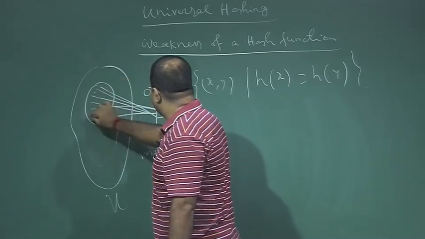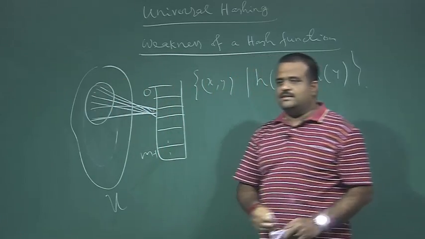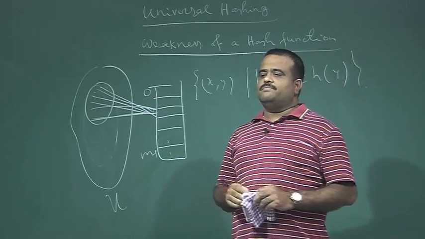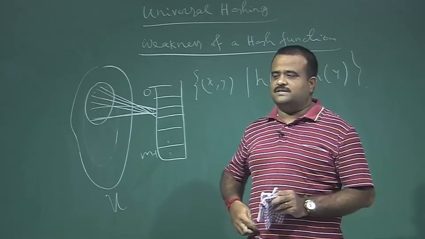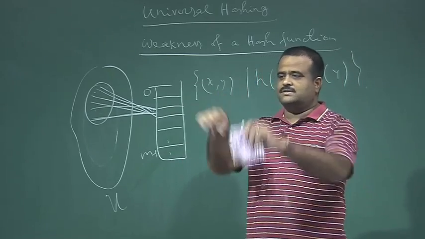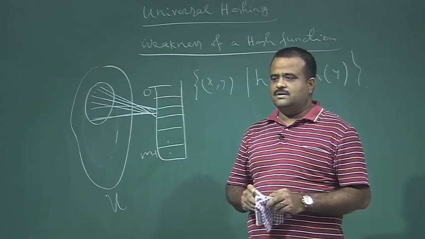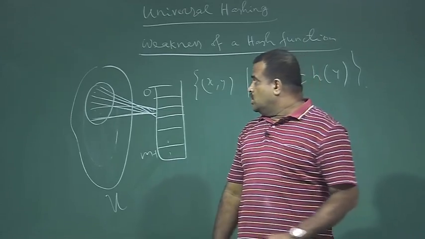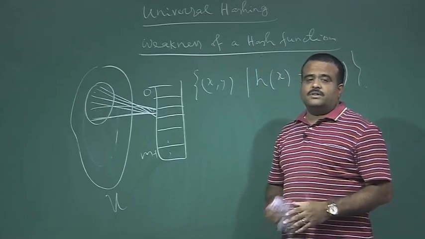So more collisions are there, and your friend will report to Microsoft: this is the set of inputs where my friend's code is colliding to a particular slot. That is always possible if you have time. That is a fundamental weakness of a hash function.